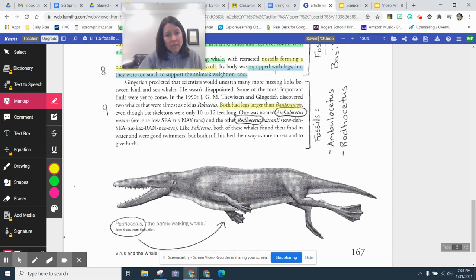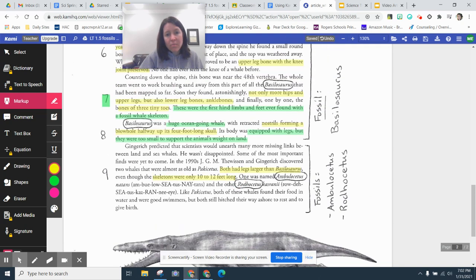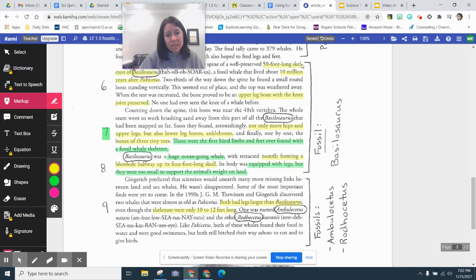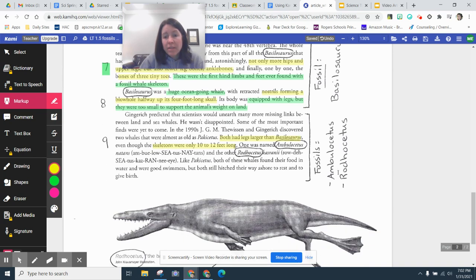And we learned up here Basilosaurus had tiny hind limbs and it wasn't able to support its weight on land. Then it tells us that the skeletons were between 10 and 12 feet long. Now remember, we highlighted for Basilosaurus, it was a 50-foot long skeleton. So Basilosaurus was much longer than the Ambulocetus and the Rhodocetus.